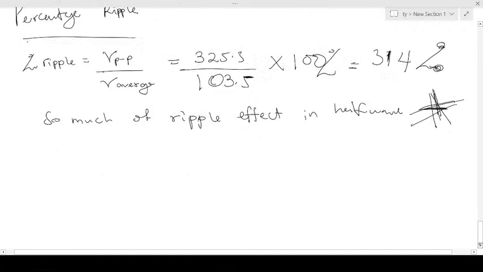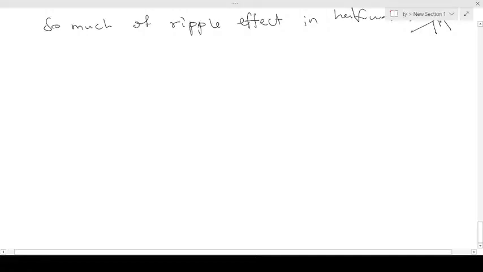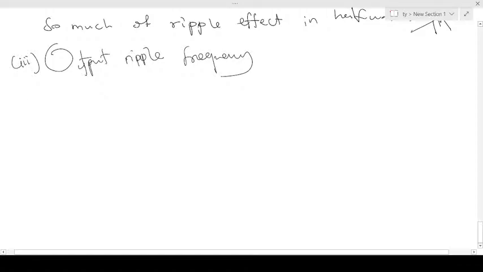Now, what we'll calculate next will be our output ripple frequency. In half-wave rectification, your output ripple frequency is equal to your input ripple frequency.